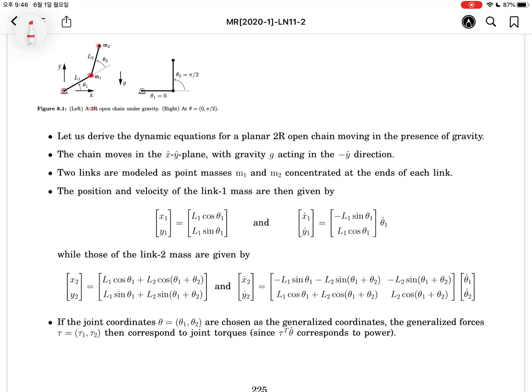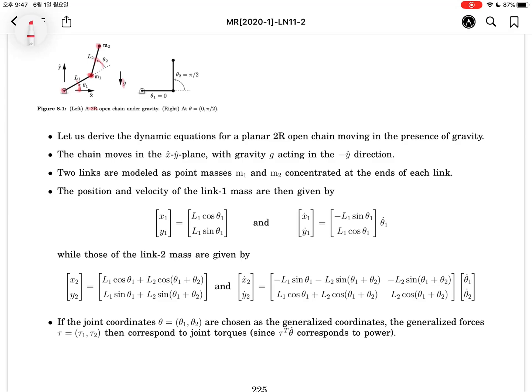The lengths will be L1 and L2, and the generalized coordinates theta 1 and theta 2 are chosen. Both theta 1 and theta 2 will be used to describe the equation of motion of this two-link manipulator system.